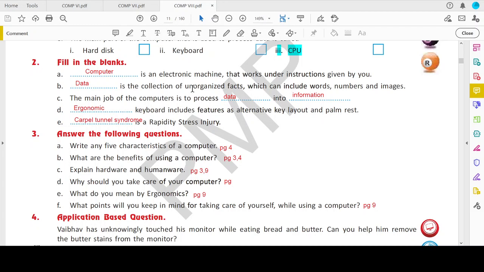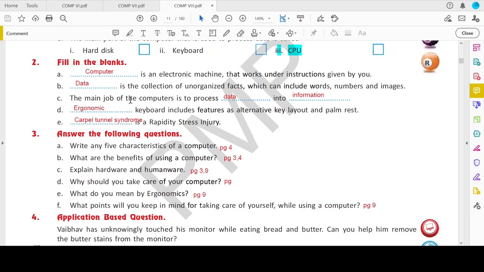It needs to be edited and processed by the computer, and so it is data. Whenever it is processed for some purpose, it becomes information. It gets a value for some activity in our real life. Then it becomes information. But whenever it is said unorganized facts, it is data, right?